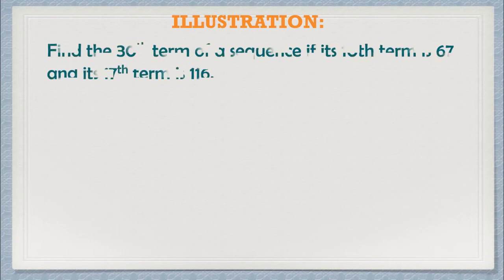Now to illustrate, let's have this example. Find the 30th term of a sequence if its 10th term is 67 and its 17th term is 116. Now notice that here we're not given the first term.